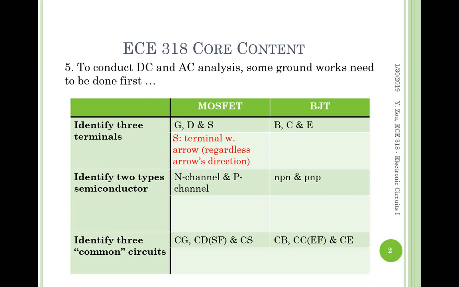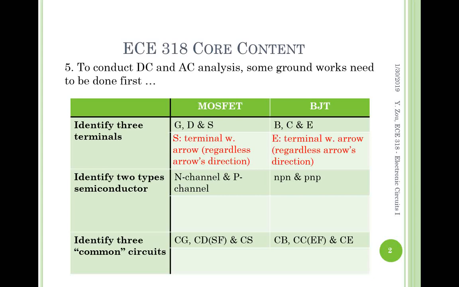It doesn't matter which way the arrow is pointing. The terminal with the arrow on it is the source. The one that doesn't is the drain. Similarly in BJT, the arrow is on the emitter terminal, the terminal without an arrow is C, and the base is generally between C and E.